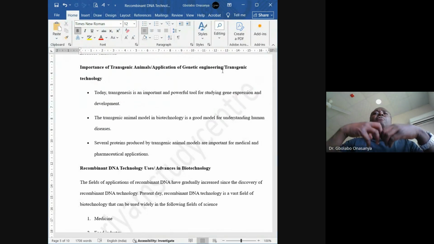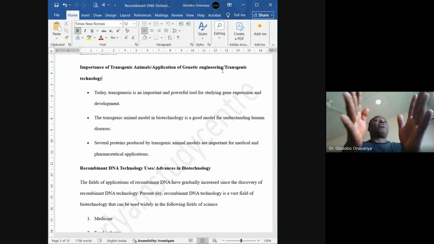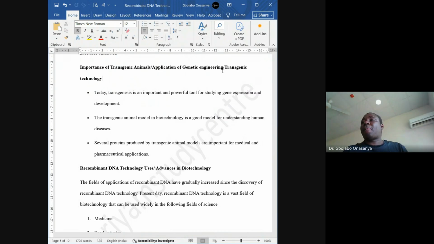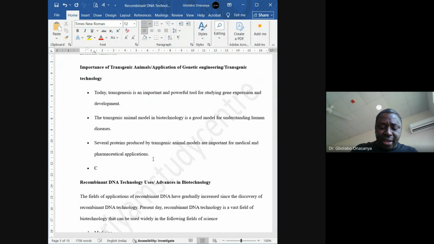So before we release drugs for public consumption, we can use transgenic technology, genetic engineering, and transgenic animals to study them. In fact, we use them for drug tests and clinical trials.